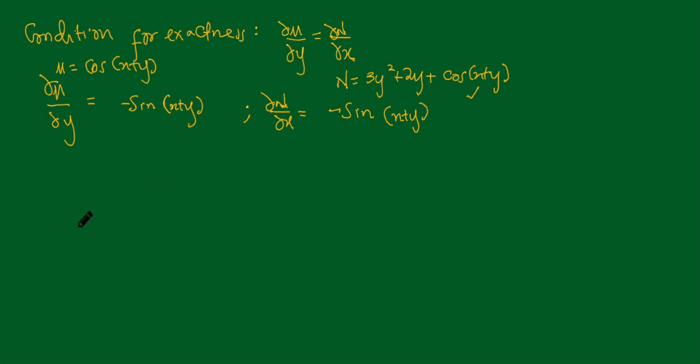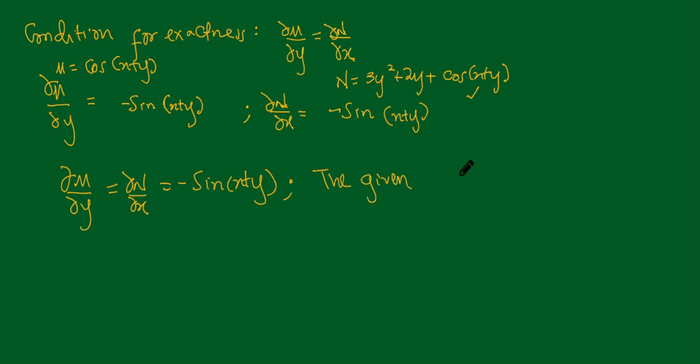So from this, we can see that the partial derivative of M with respect to y is equal to the partial derivative of N with respect to x, and this is equal to minus sin(x + y). The conclusion we can draw from this is that the given equation is an exact differential equation.